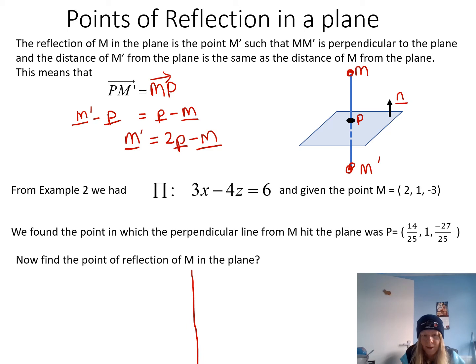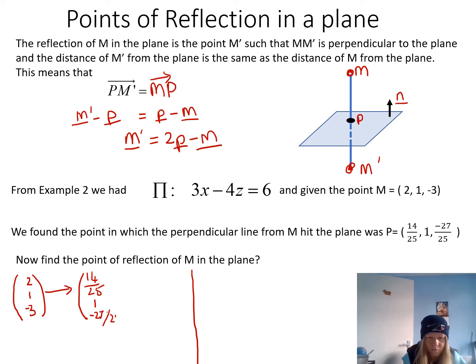If we think of it as this is your M, so M is 2, 1, minus 3. To get to the plane, what's happened? The plane is 14 over 25, 1 and minus 27 over 25.